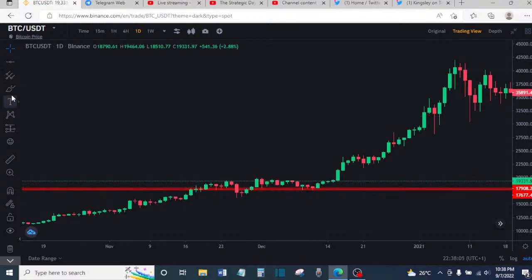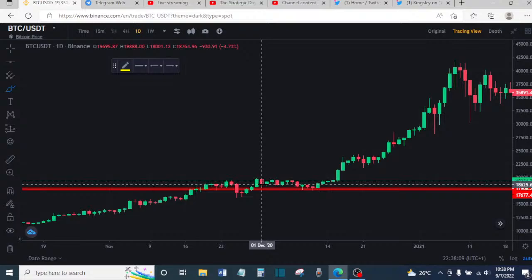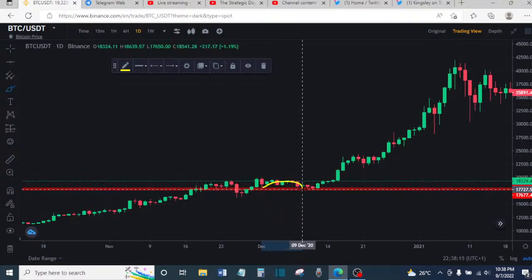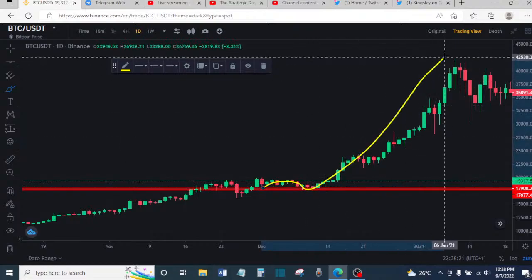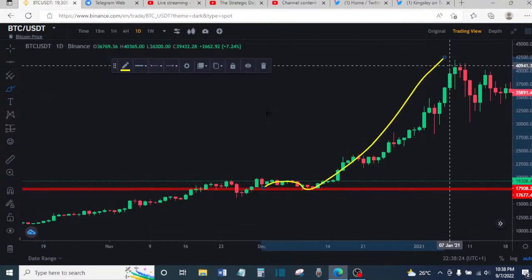Price was going up, came down, then got rejected here, back up, then came down again, and got rejected again before finding its way to $40,000. So all the way from $17,000 to $40,000.